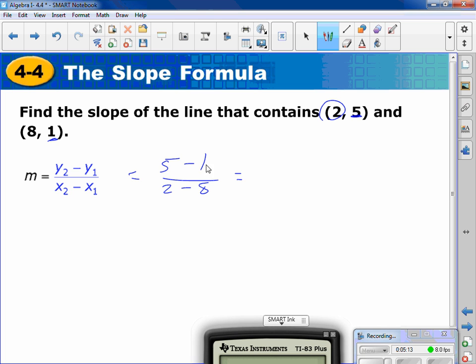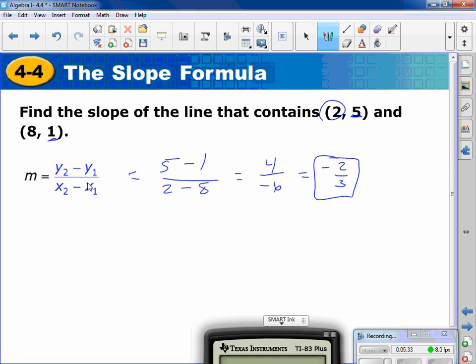What's 5 minus 1? 4. What's 2 minus 8? Negative 6. Now 4 over negative 6. What number goes into both? 2. Divide by 2, it's negative 2/3. That is my slope.